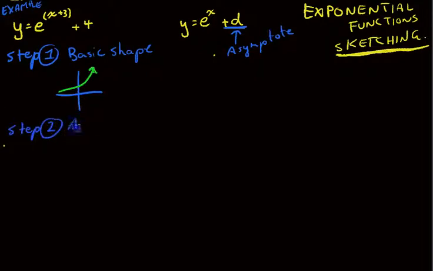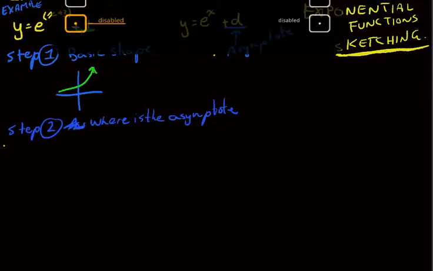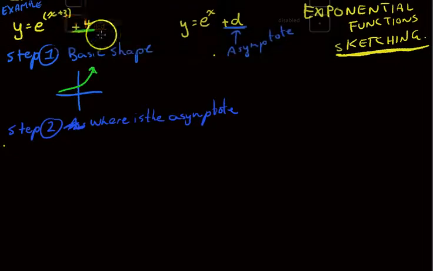Now step 2, really, really straightforward. Ask yourself, where is the asymptote? Look to the end. Sometimes it's at the front, depending on how they've written it, but it's our d value.